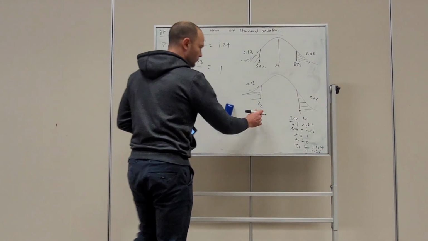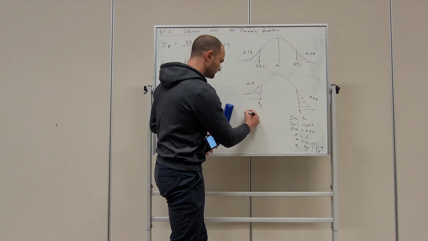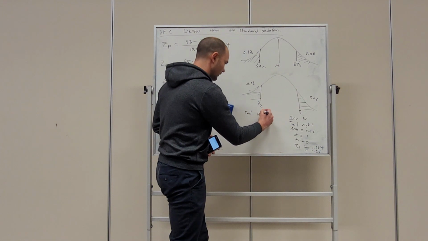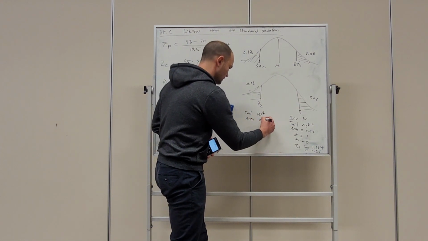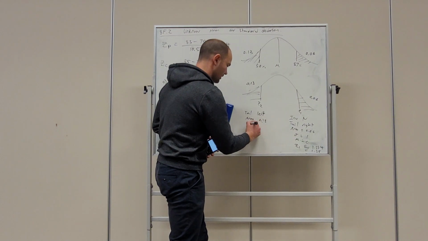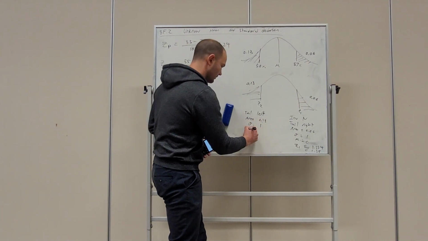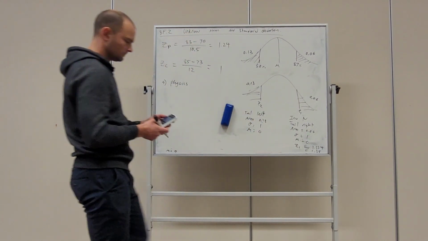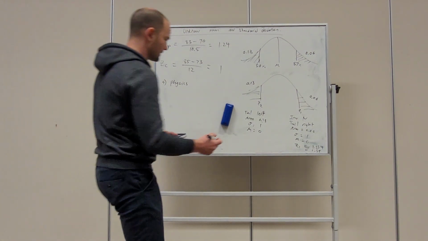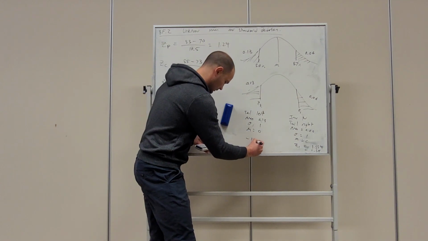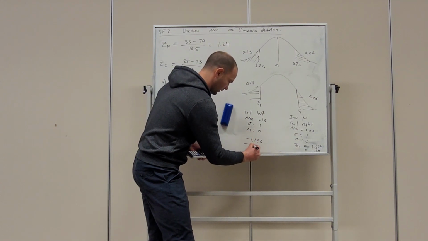Okay, and then for z2, the tail is to the left. The area is 0.13. Standard deviation and mean remain the same. And we've got minus 1.13.